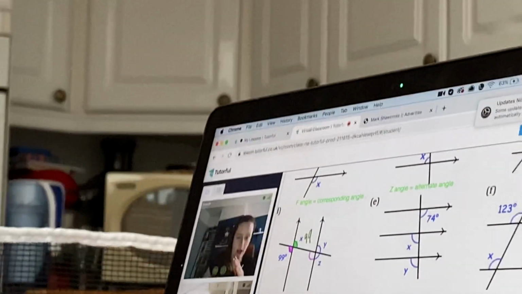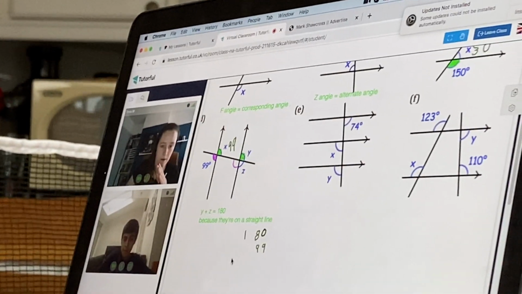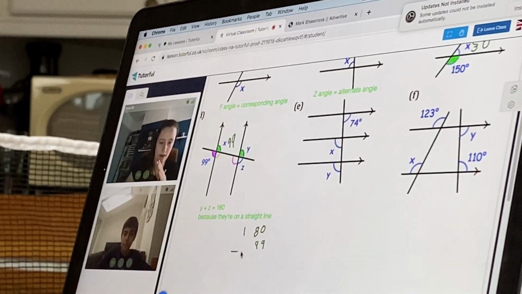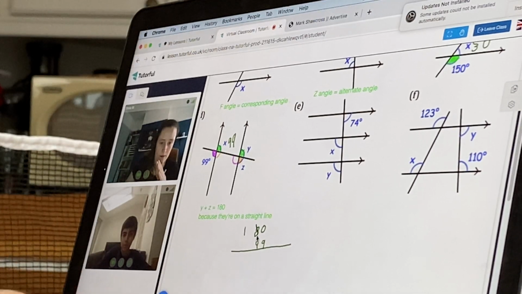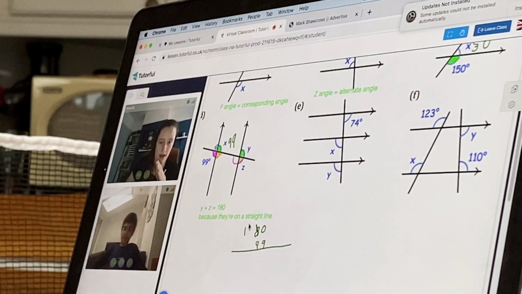We've got the green angle, which is x, corresponds to y. This angle corresponds to z. Can you see that? And the final angle corresponds to the one on top. So you're right, y is 99.